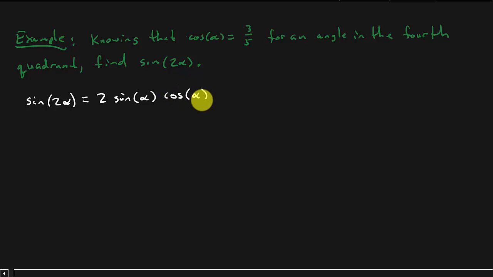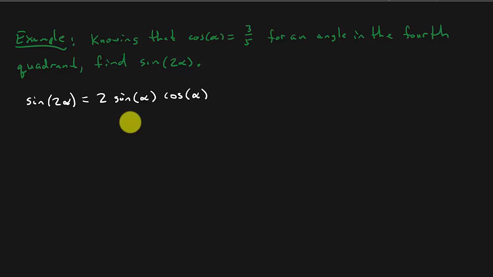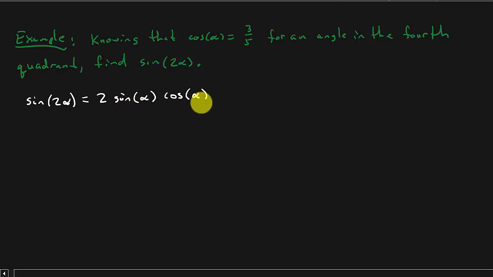Okay, so that's the formula. So we look at this and we say, okay, what all do we need to find sine 2 alpha? Well, we need to know what sine alpha and cosine alpha is. But notice we already have cosine alpha. See, we already know this. So we need to find sine alpha.